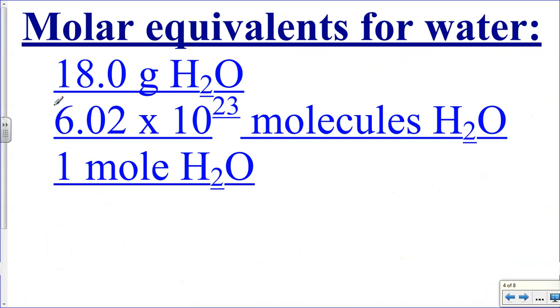So for instance, molar equivalents for water. 18 grams of water has 6.02 times 10 to the 23rd molecules of water, which is equal to 1 mole of water. Now, how did we come up with the 18 grams for water?